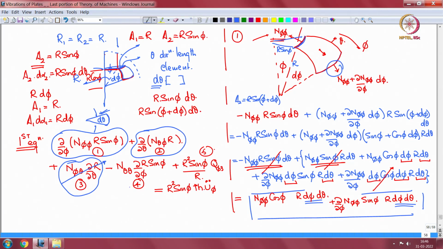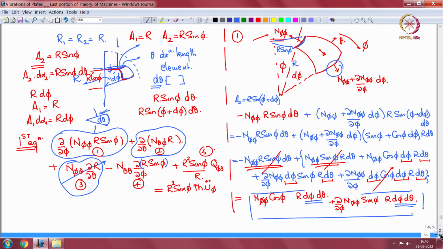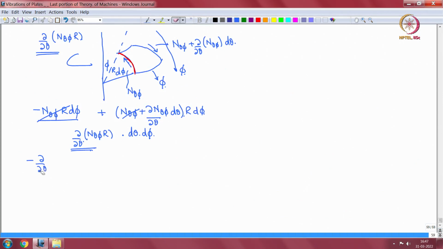Okay, the next term, the fourth term, is n theta theta del phi of r sin phi, with a minus sign: minus n theta theta del phi of r sin phi.